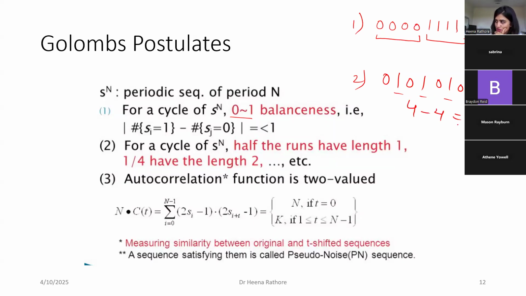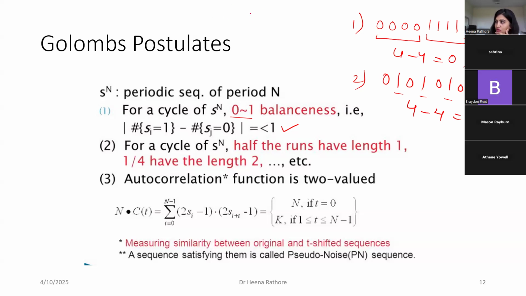So 4 minus 4 gives you 0, which means this is not random because the difference between the number of ones and the number of zeros should be greater than or equal to 1. If it is greater than or equal to 1, then only you have created your random number. Here in this case, this is also 4 minus 4. This will give you 0, which means it's not a highly random number.